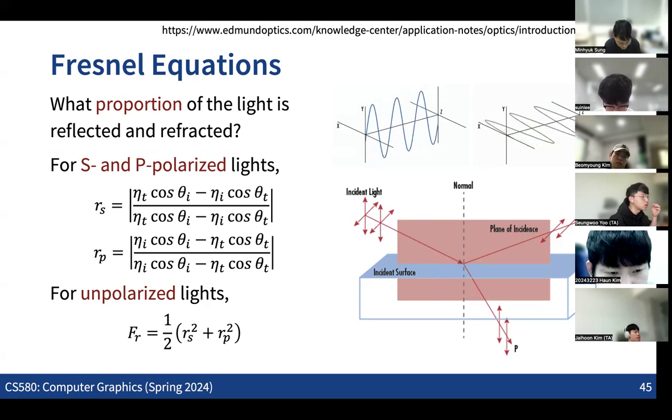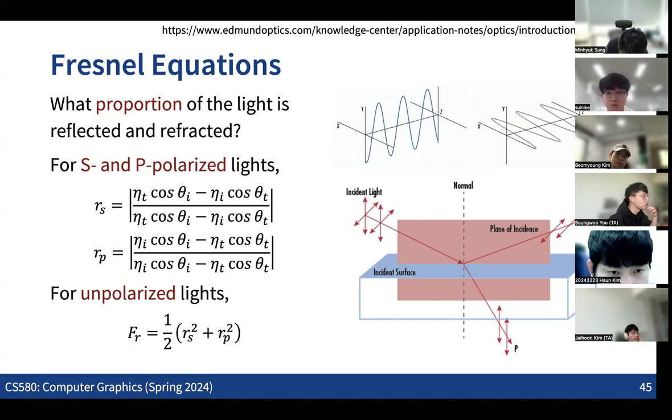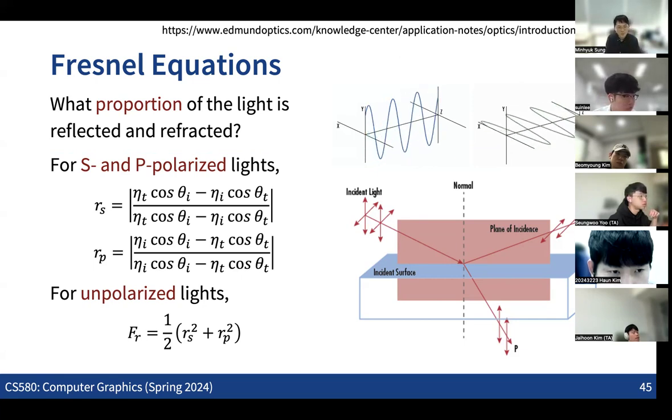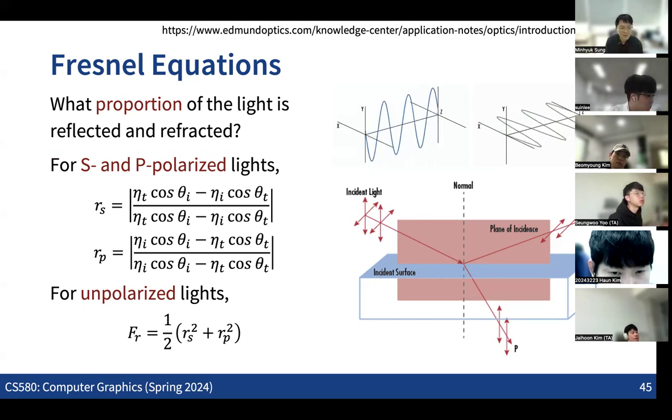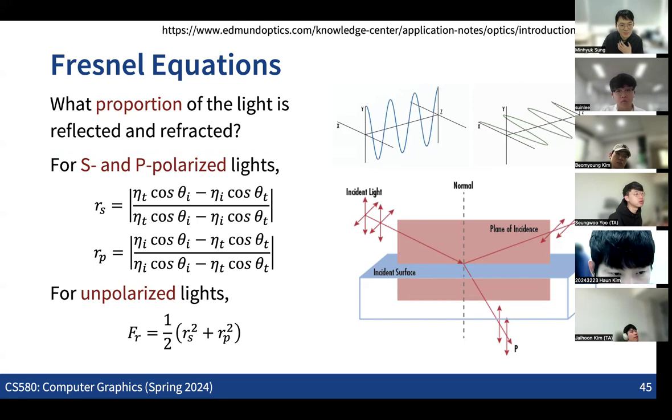But basically, long story short, when you see light as an electromagnetic wave, we have an electric field and also a magnetic field, which is orthogonal to the electric field. If we briefly look at the basic idea here, we can see the light as two kinds of polarized light.